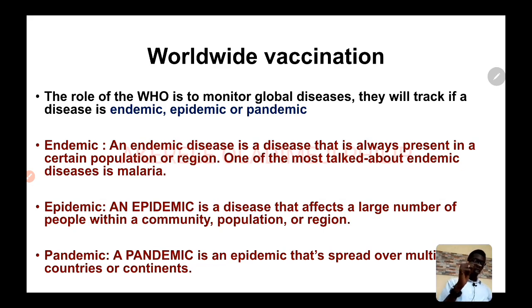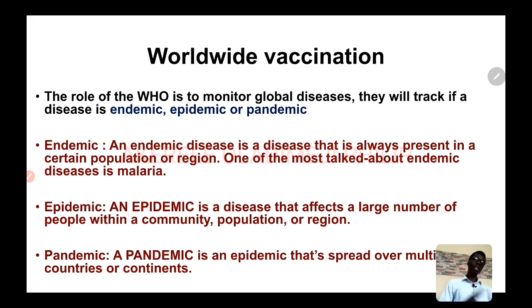So epidemic and endemic both affect a local place, but epidemic is a sudden outbreak. It was not there before, or maybe it was there then suddenly increased. But endemic is always there. There's no news about malaria anymore. Malaria has come to stay in Africa, so there's no news about it. But epidemic simply means something just started all of a sudden.